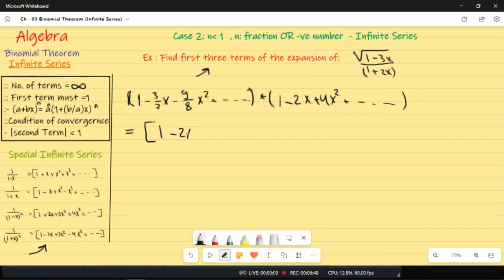So we have here 1 minus 2x plus 4x squared, this plus multiply this second term.